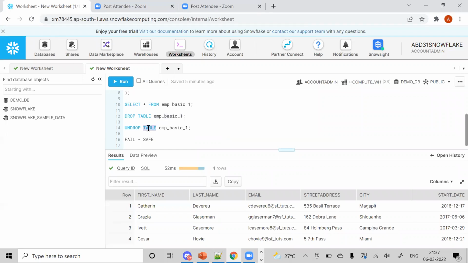This undrop you are not able to do, but you cannot contact Snowflake support either, because it is not allowed for transient and temporary tables. Which is why I had told you the storage cost is far lesser compared to permanent storage, because it is not keeping the copies at all for transient and temporary once the time travel retention period is over.